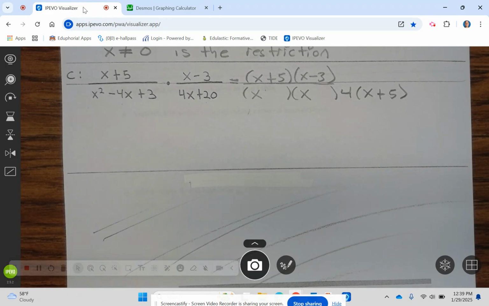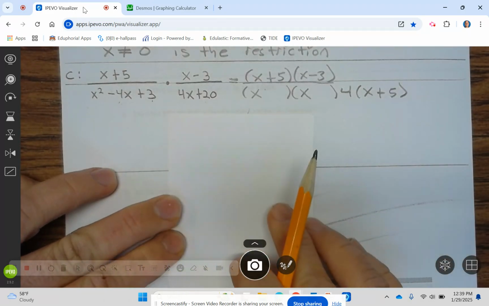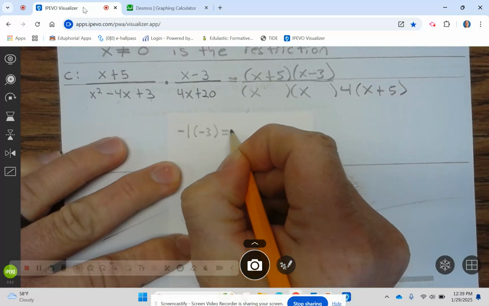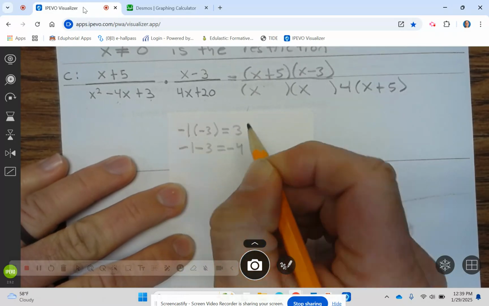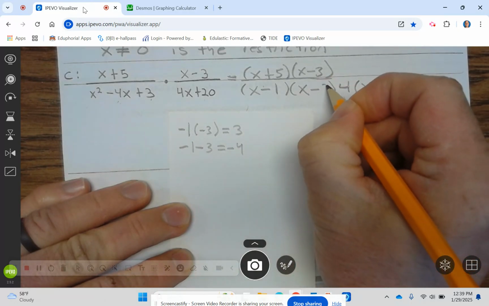Now, we need to figure out what numbers multiply to give you 3 and combine to be negative 4. So let's try negative 1 times negative 3 is positive 3. Negative 1 minus 3 is negative 4. So that works. Our factors are x minus 1, x minus 3.